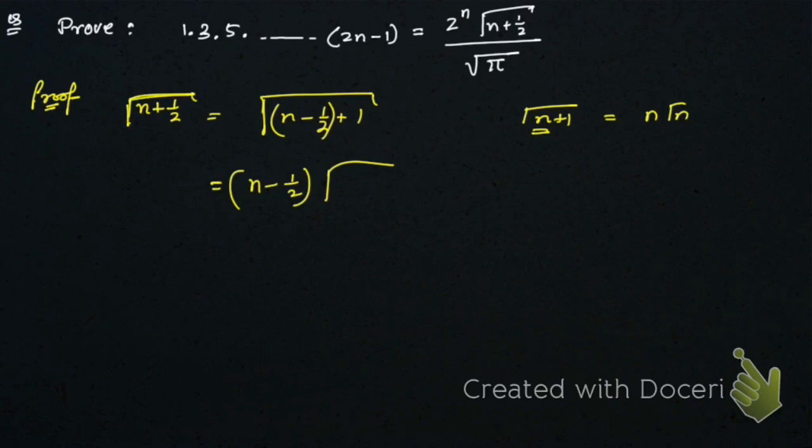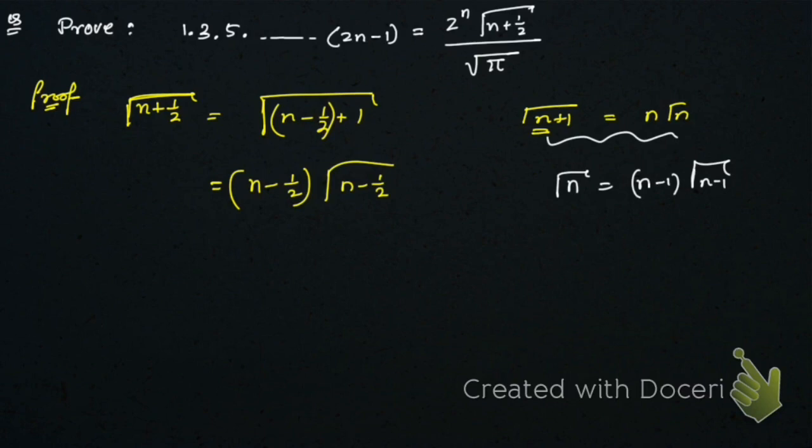Okay, so gamma of n minus half, right? We're going to get this. Again, this n minus half can be written as, now you see, instead of writing this, we can write this way also: gamma n equals n minus 1 times gamma n minus 1.